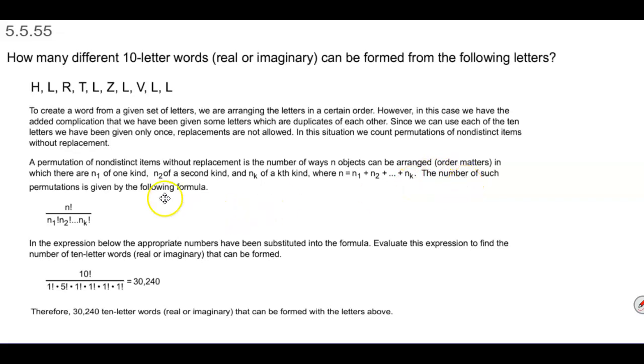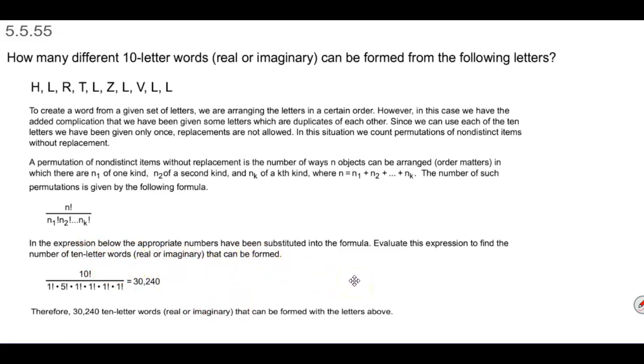The number of such permutations is given by the following formula. We have n factorial divided by n subscript 1 factorial times n subscript 2 factorial all the way to n subscript k factorial. Now, in the expression below, the appropriate numbers have been substituted into the formula, and we're going to evaluate this expression to find the number of 10-letter words, real or imaginary, that can be formed.